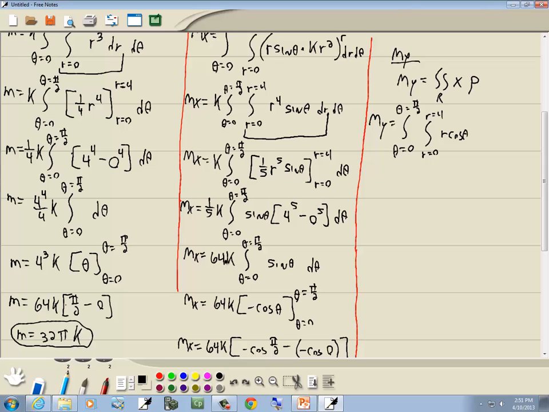Okay, so then that's going to change the number out in front. 64. Okay, I'm going to do this in my calculator. 4 to the fifth, 4 caret 5 is 1024. So this will be 1024 divided by 5, because 4 to the fifth is 1024.